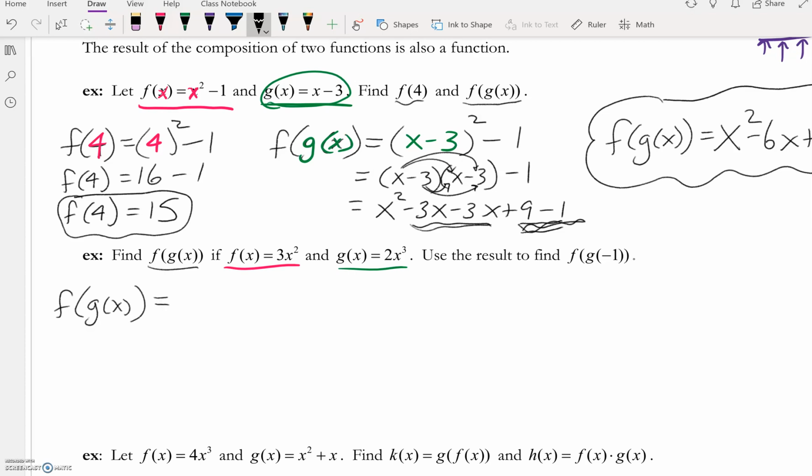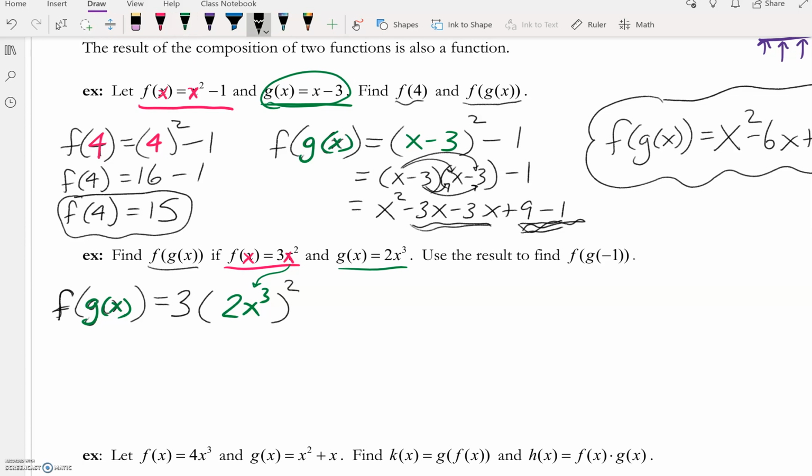That tells me I'm going to go to my f function, the one underlined in pink here, and everywhere that I see an x in that function, I need to plug in this whole function g of x. f of x is 3x squared, so I have 3 times the whole g of x function, 2x to the 3rd power, plugged in for this x value. So I've got 3, and then all of g of x squared.